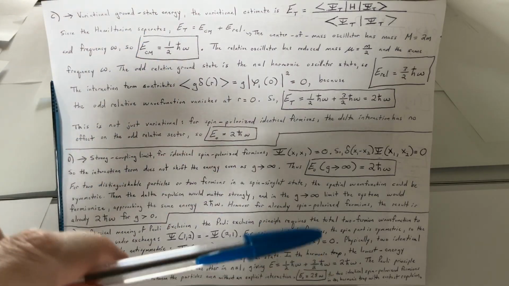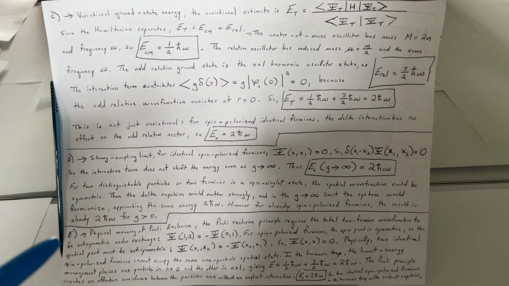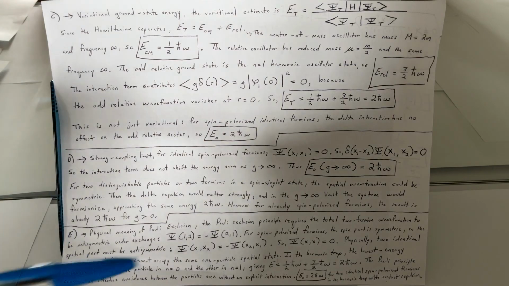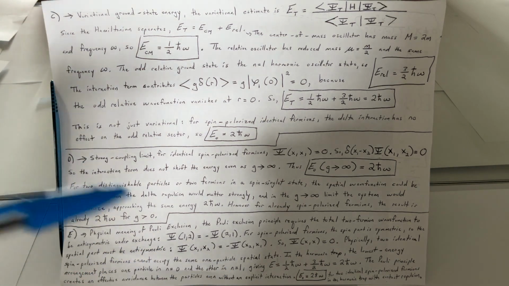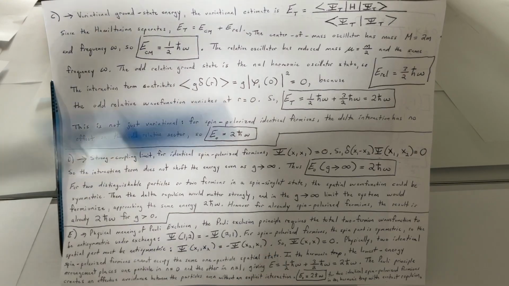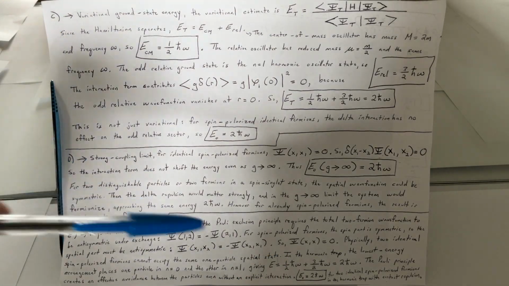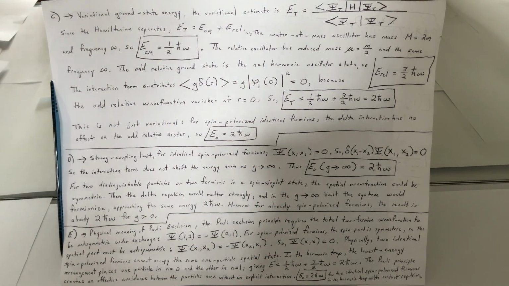My apologies. Right here, physically, two identical spin polarized fermions cannot occupy the same one particle spatial state. In the harmonic trap, the lowest energy arrangement places one particle in n equals 0 and the other in n equals 1, thus giving E equals 1/2 h bar omega plus 3/2 h bar omega equals 2 h bar omega.